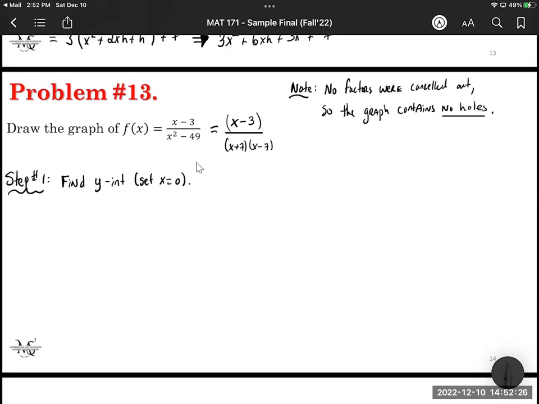So if I set x equal to 0 here, then in my function, f of x, I'm computing f of 0. So this will be 0 minus 3 on top. And on the bottom, you don't have to use the factor form here. You could just use the original form. You have 0 squared minus 49. So 0 minus 3 is negative 3. 0 squared minus 49 is negative 49.